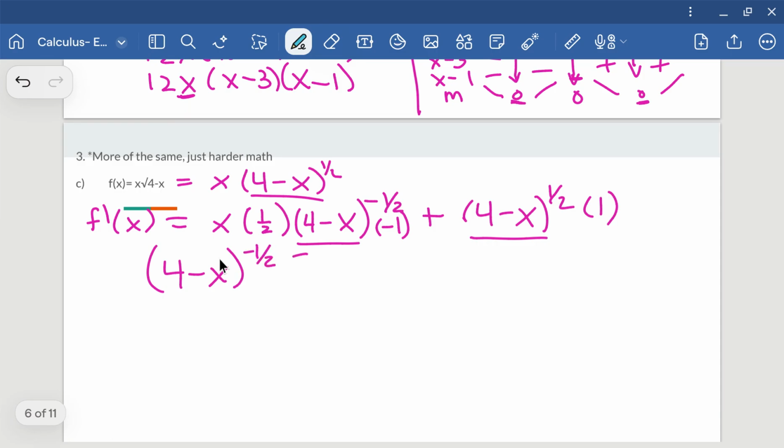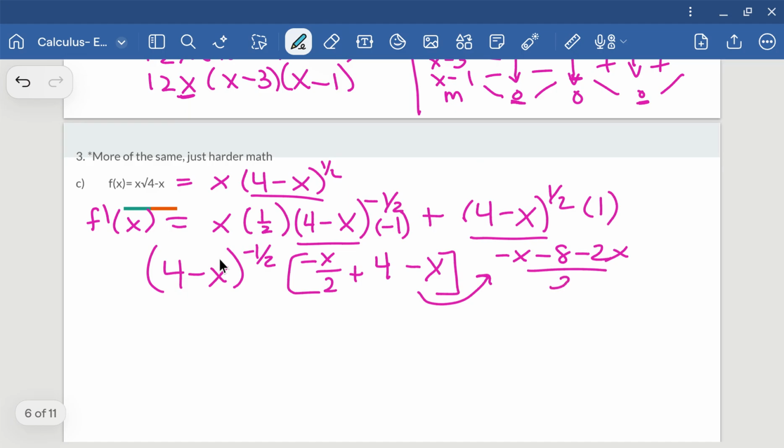And when you do that, you're left with negative x over 2 plus 4 minus x. And before I move on, I'm just going to simplify what's in these squared brackets. I'm going to multiply each term by 2, and that will get me negative x plus 8 minus 2x all over 2.